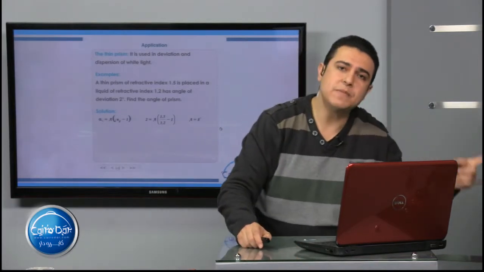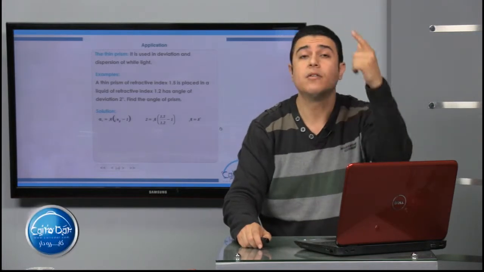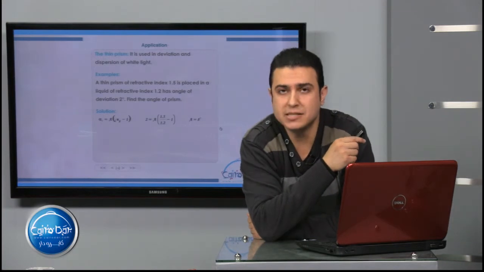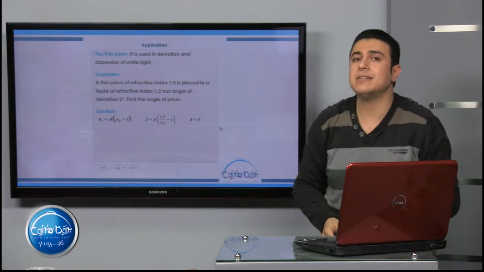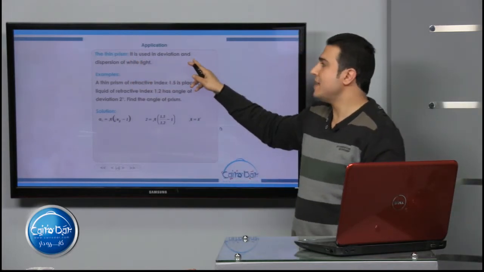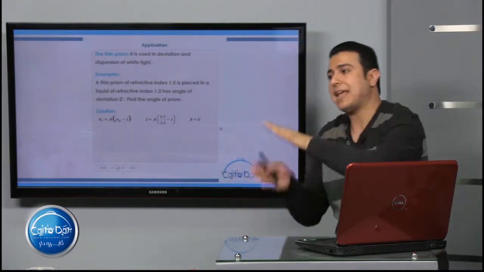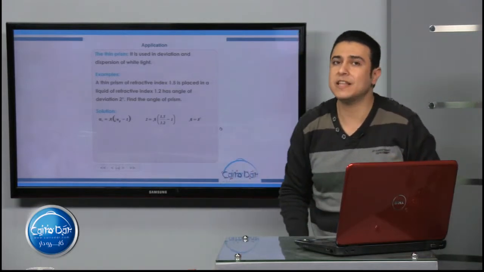It is the same application as the triangular prism: deviation and dispersion of white light. So the thin prism is used in deviation and dispersion of white light. That is the application of the thin prism.